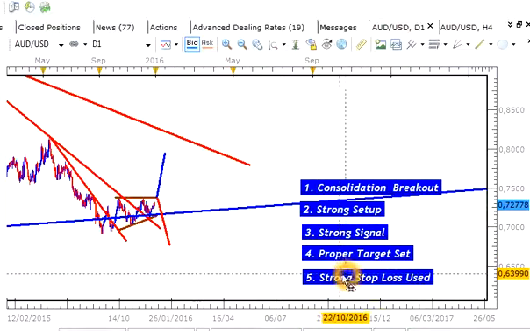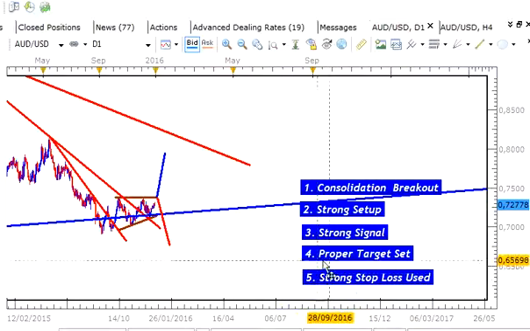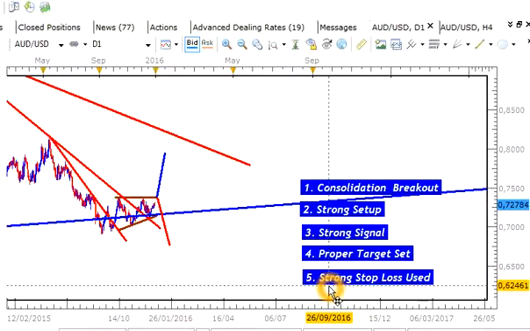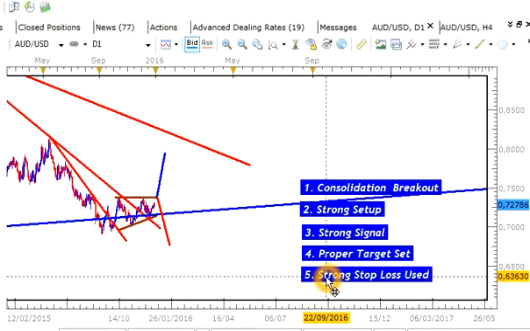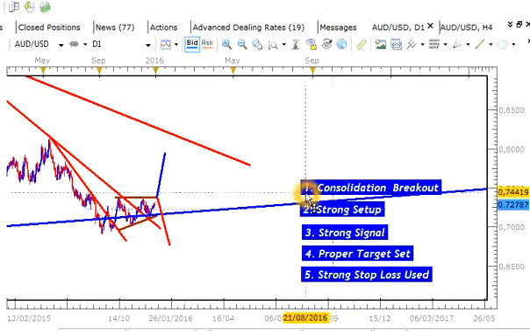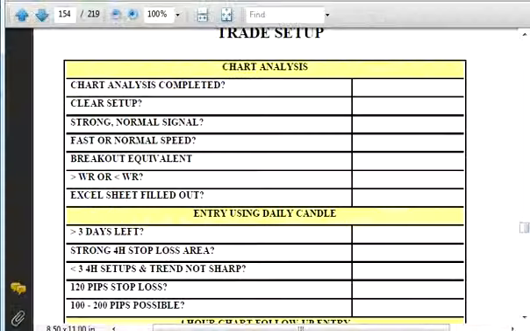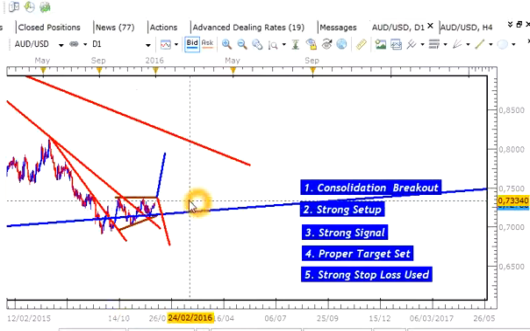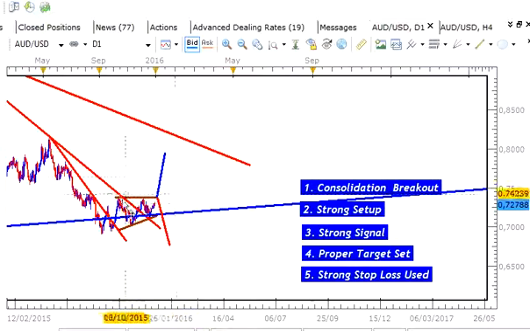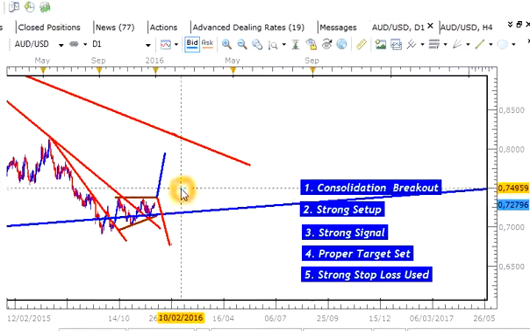And in trading towards that target, we need to ensure that our stop loss is placed at a very strong area, either on the daily chart or the 4-hour chart, so that we can be confident that our trade is going to be protected throughout its duration. So these are going to be the main elements used in conjunction with this trade sheet that is going to help us take advantage of consolidation breakouts such as this. Once that is done, most of these consolidation breakouts can be maximized and taken advantage of with greater consistency and greater confidence.